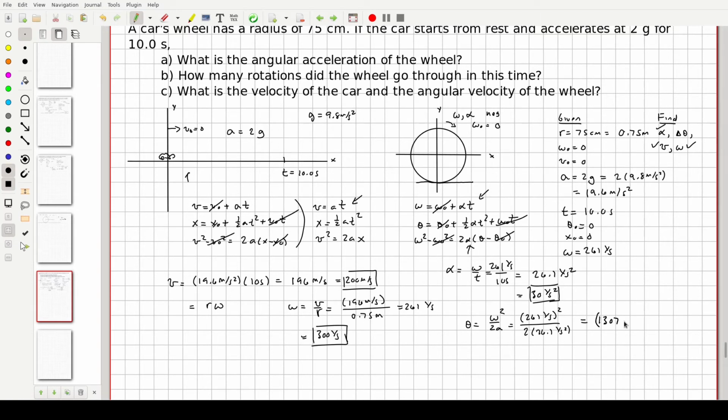But remember, we're looking for rotations. And there are 2 pi radians in one rotation. So if I divide that by 2 pi, I get 208. Or if you keep to sig figs, about 200 rotations.